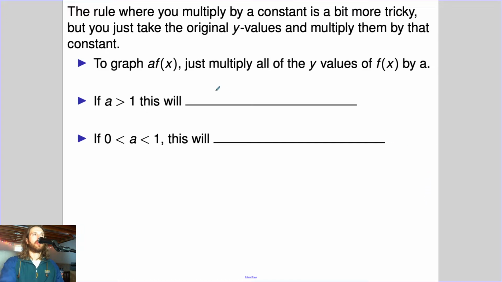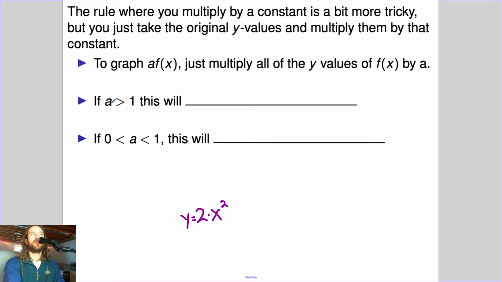And for this one, if you take a function, so like x squared, right, and you multiply it by 2, what you're doing is you're taking all of those values and you're doubling their height.